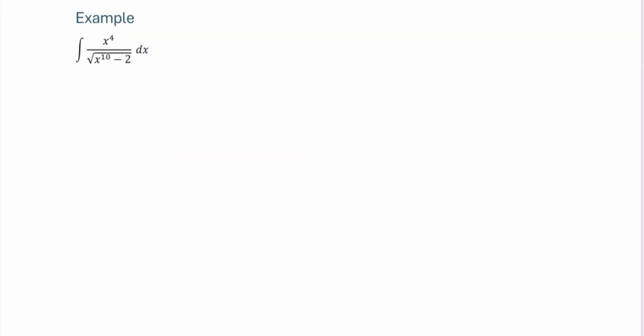In this example, we'll manipulate the integral a little bit to make it look like one of the forms in our table. We have x to the 4th divided by the square root of the denominator we want to rewrite. We'll write x to the 5th squared minus 2.